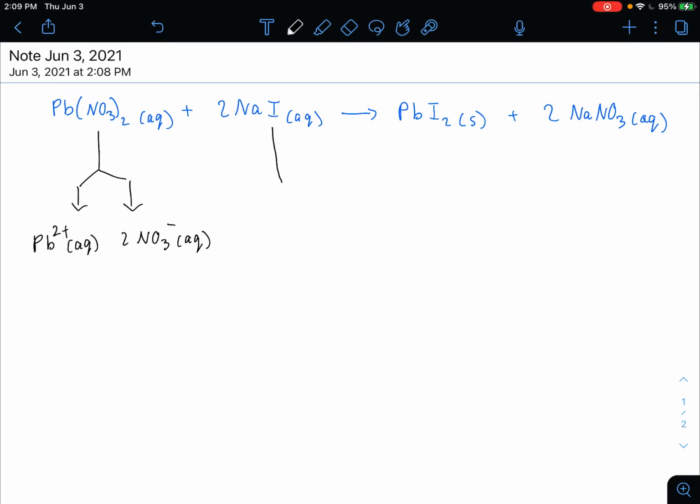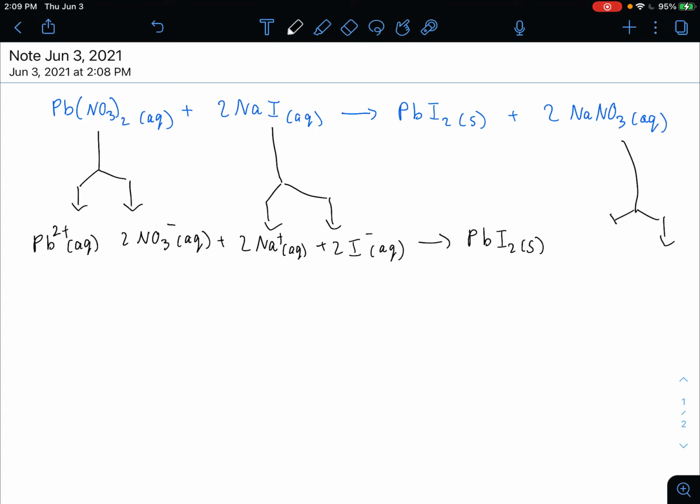And then from here, plus 2 Na+ aqueous plus 2 I- aqueous makes, and this stays the same, PbI2 solid, and then plus, sorry, I made it a little sloppy here.